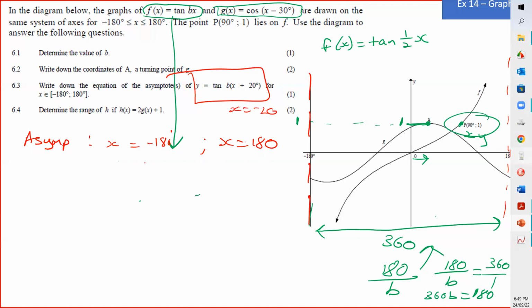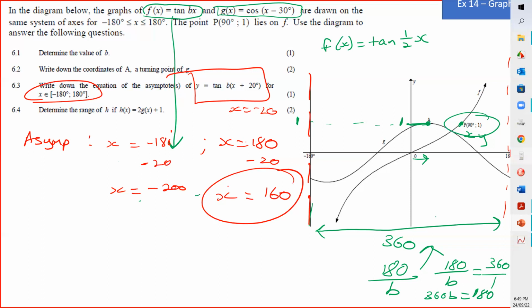So if we say 20 degrees left, we're subtracting 20. That will become minus 200, and if we subtract 20 here, x would be 160. But the question is only concentrating on the interval minus 180 to 180, so we'll only take the answer x equal to 160. It falls within the interval. So that is the equation of the asymptote.